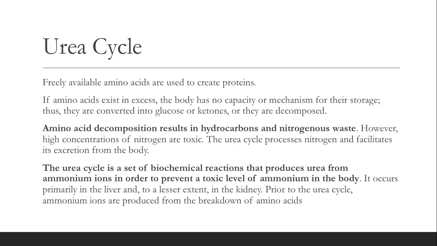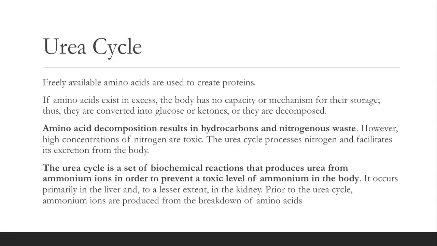The last thing is the urea cycle. And when you have freely available amino acids, you want to use them to make proteins. But if you have too many and you can't use all of them, there's really no capacity or mechanism to store them. And so they have to be converted into glucose or ketones or be decomposed. When you decompose amino acids, you get hydrocarbons and nitrogenous waste.